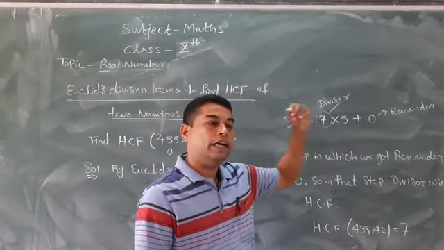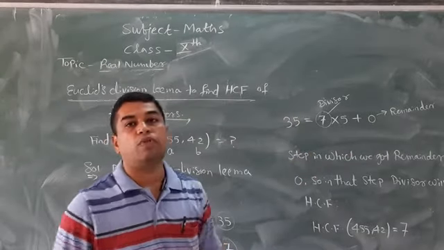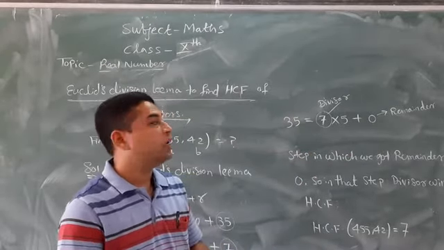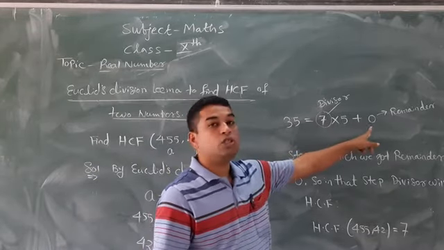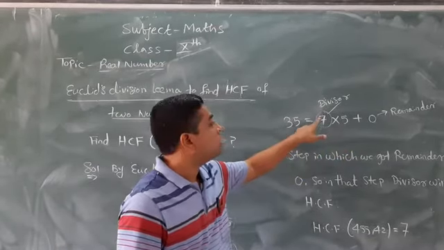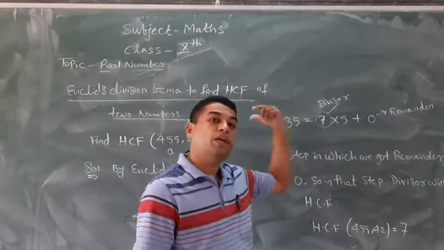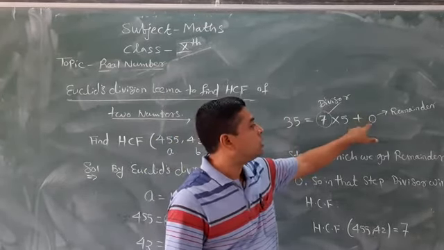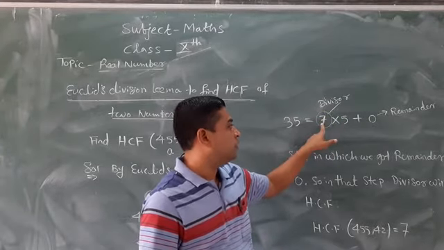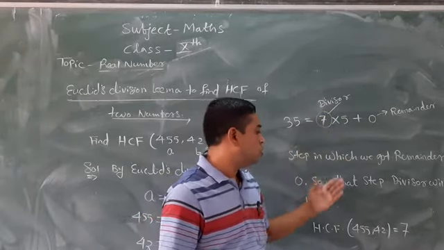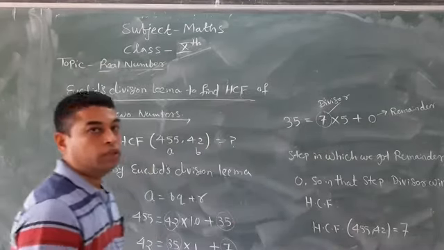It doesn't matter in how many steps we get remainder 0. But in the particular step in which we get remainder 0, what is the divisor? That will be the HCF of the given two numbers. So in this step where the remainder is 0, the divisor is 7. So that divisor where the remainder is 0 is the HCF of these two numbers. So this is the process.